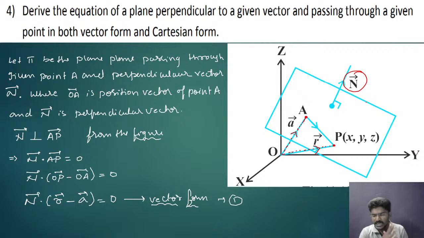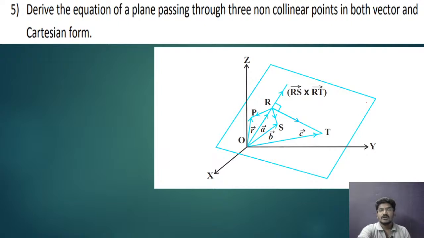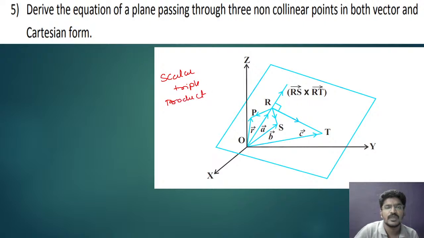So we have completed 4 important theorems, and next we should go for the fifth theorem, which is not in your syllabus. The fifth theorem is not in your syllabus because to solve it you need one very important thing, that is scalar triple product, and this is deleted.